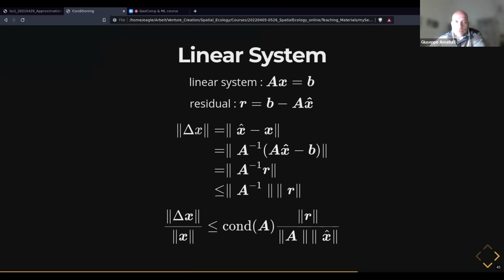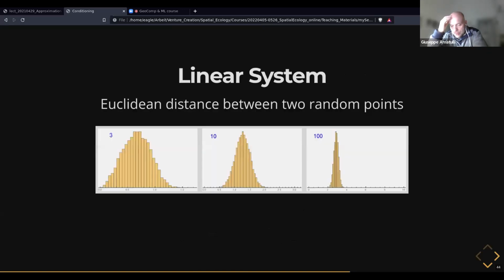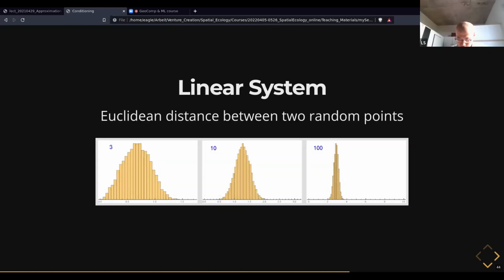Sorry, Longzhu, one point to this previous graph. Would that mean also that increasing the dimension, because the dimensions are nothing else than the number of predictors that we have in our modeling? Yeah, you can go in this way, yes. So increasing the number of predictors reduces our ability to distinguish the error, a potential error.